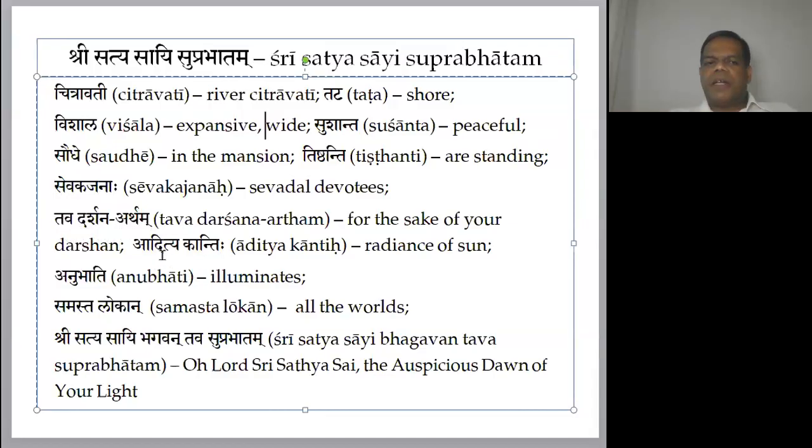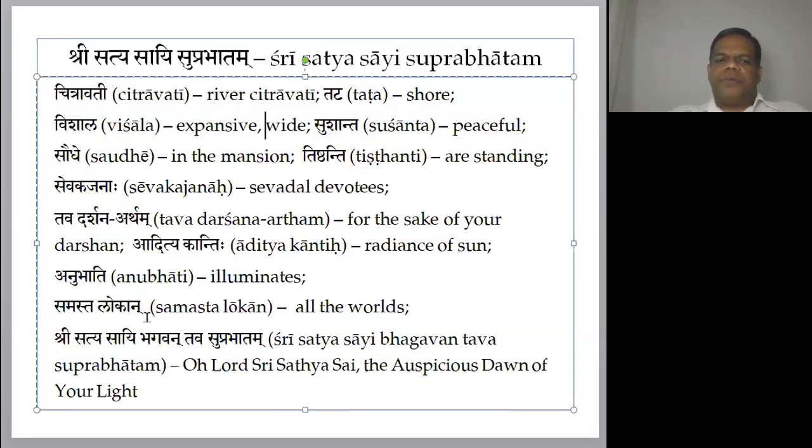Aditya Kanti. Aditya is sun. Kanti is the radiance of sun. Aditya Kanti, the radiance of sun. Anubhati is a word which basically means illuminating. So the radiance of sun is illuminating. Samasta Loka, all the worlds.